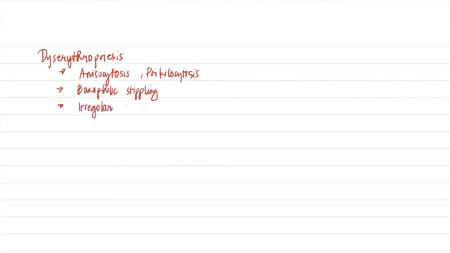Of course, magkakaroon ka ng anisocytosis, poikilocytosis. Okay? You are to expect basophilic stippling and other inclusions. You are going to expect irregular cytoplasmic staining of your RBCs.